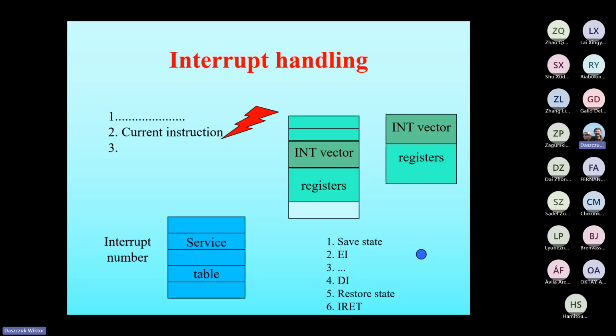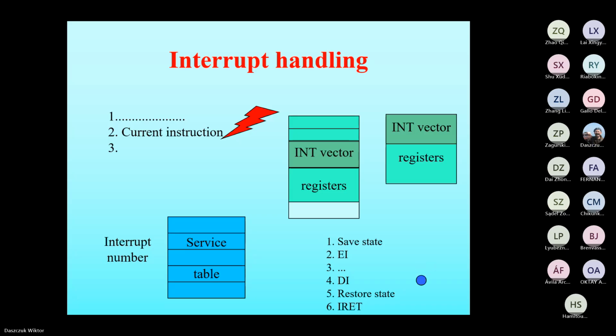So we enable interrupts. In Intel processors, this instruction is STI. And the handler does some operation which is planned to be performed during the serving of the interrupt.